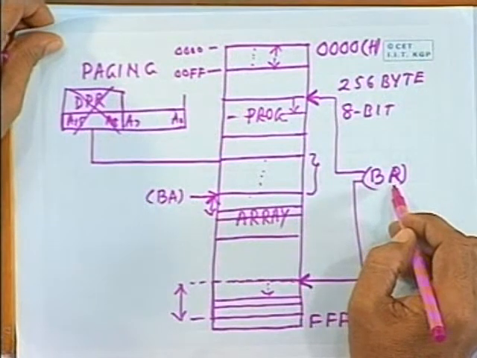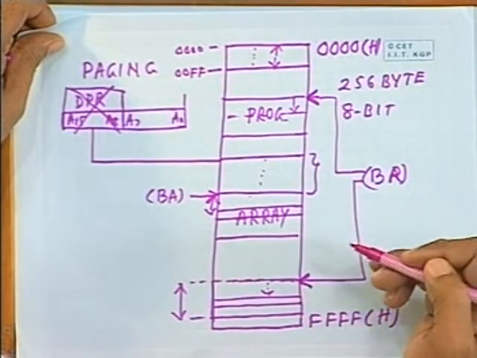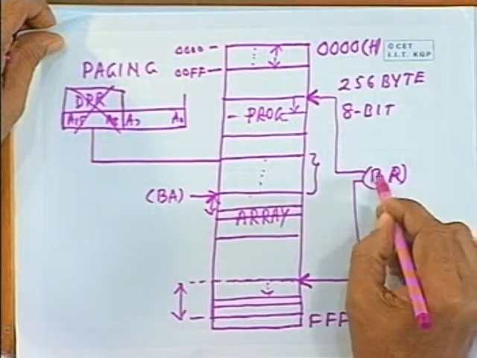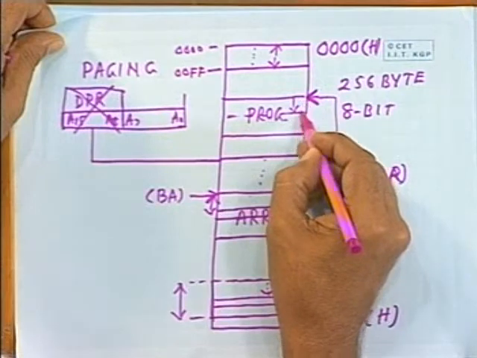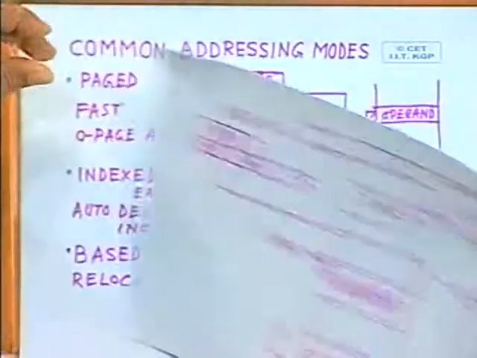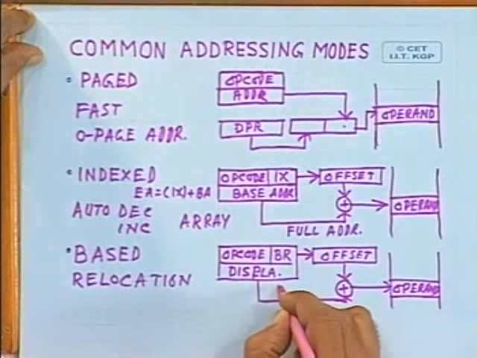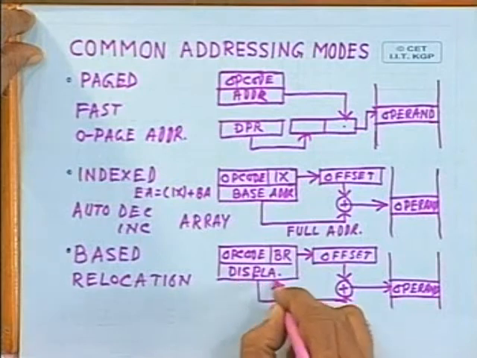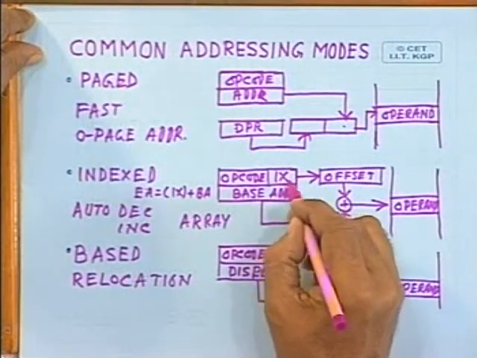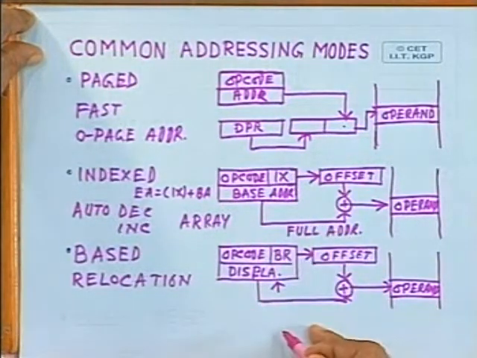Once it is initialized, during the running of a program, at runtime you are not modifying this value of the base register to refer to an operand address. What you are doing is changing this displacement. So in this case, the displacement is variable. In the previous case, the index register was variable, and the base address was fixed.